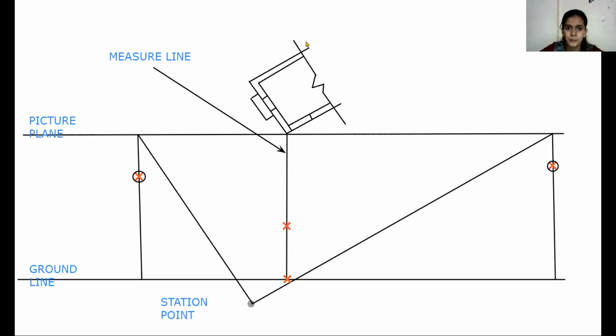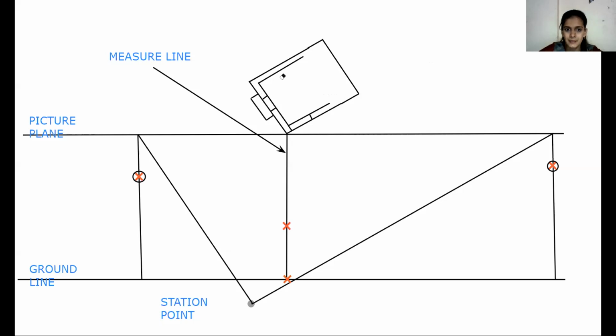Now I'm removing the extended cut first, and now I need to show the corner. Suppose this is the corner. I need to draw a plan first, then after I'm going to show you how the perspective will work.